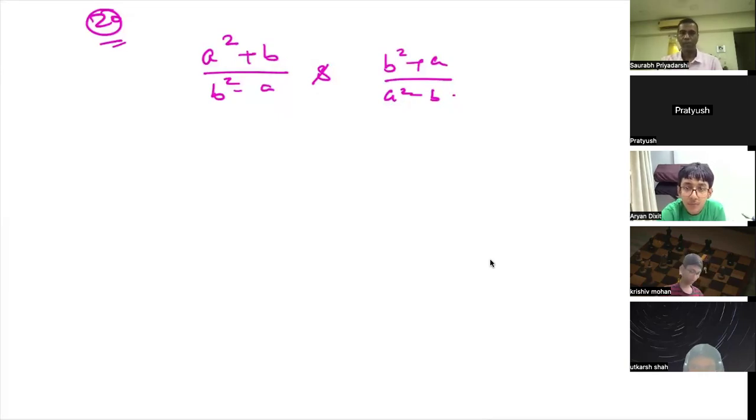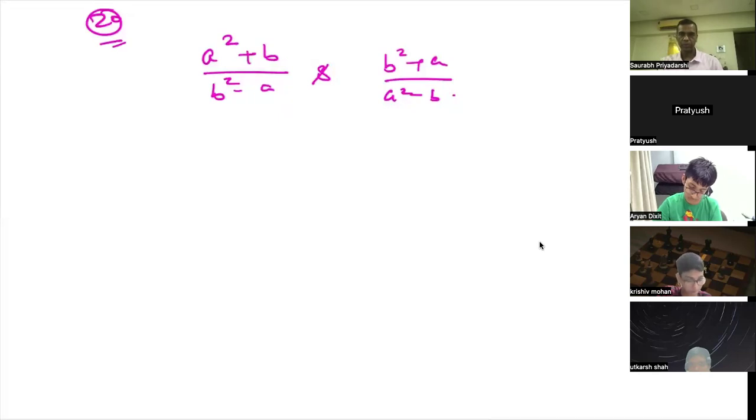So first, b square minus a divides a square plus b. So b square minus a is less than or equal to a square plus b. Therefore, b square minus a square is less than or equal to a plus b. So b minus a is less than or equal to 1, and so a minus b is greater than or equal to minus 1.